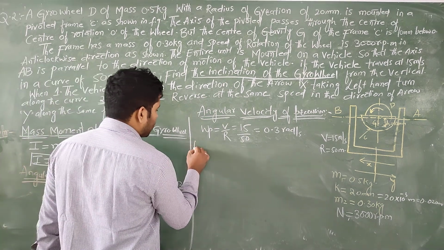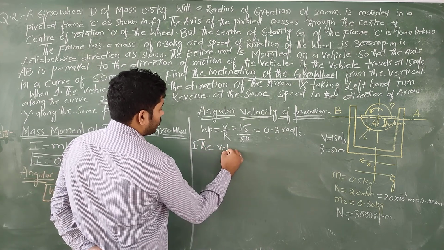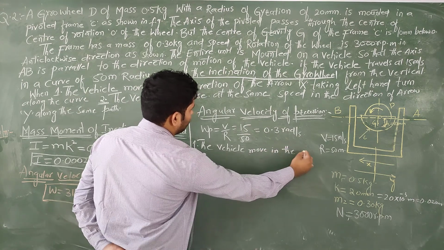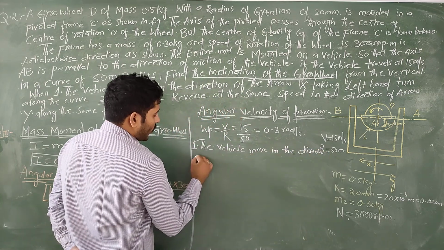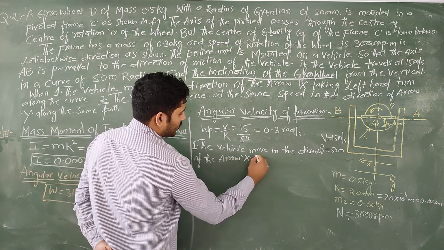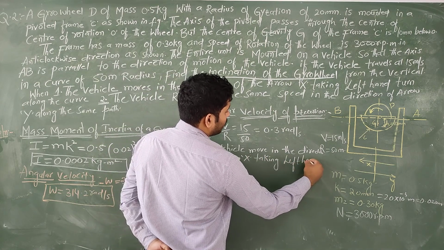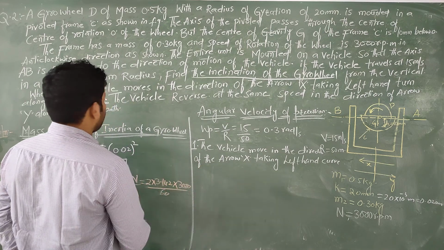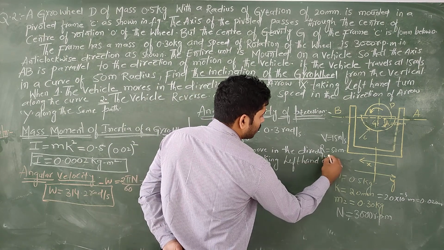We need to find out the first condition: the vehicle moves in the direction of the arrow x taking a left hand turn curve.